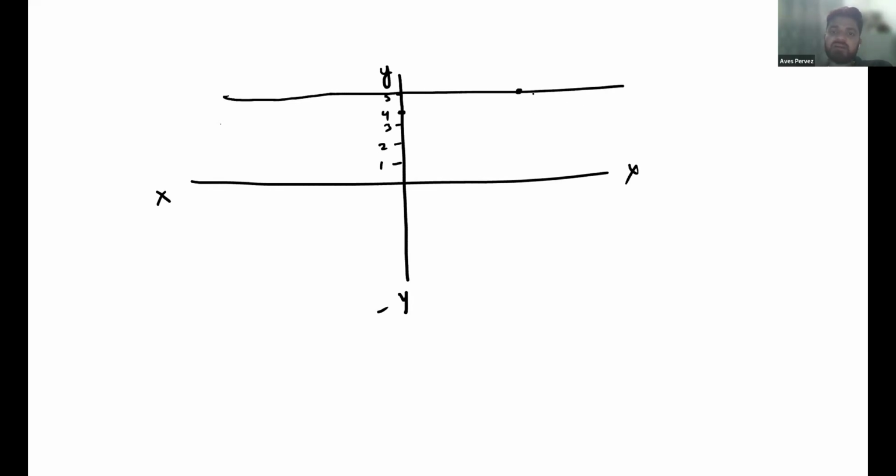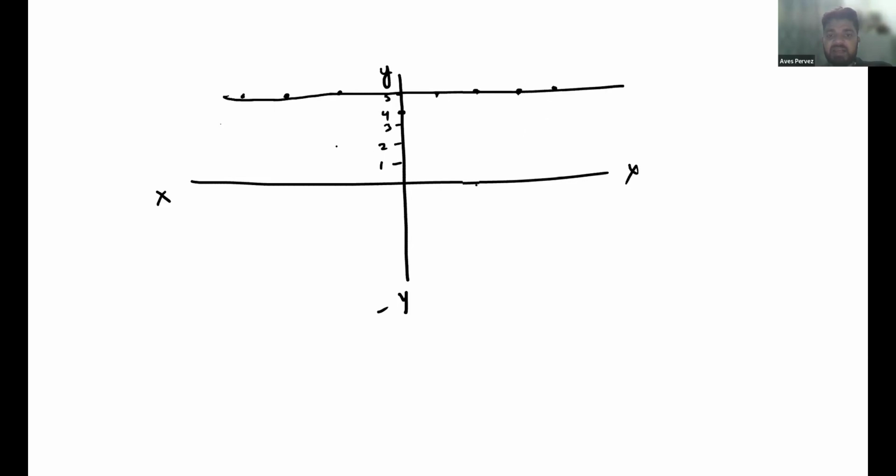All the points on it are at a perpendicular distance of 5 units. You can check this. What is the distance of this point to this point? Perpendicular distance 5 units. This is also 5 units. This is also 5 units.